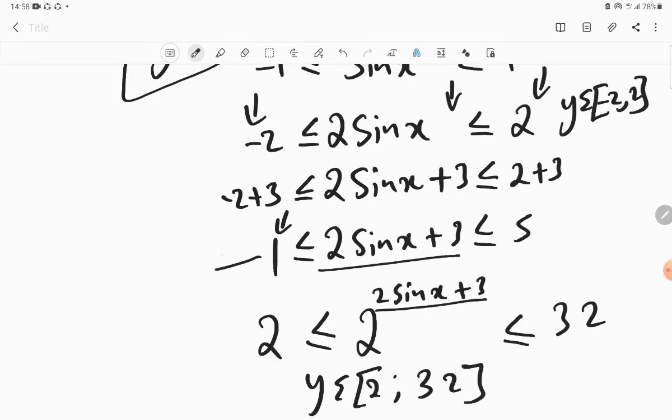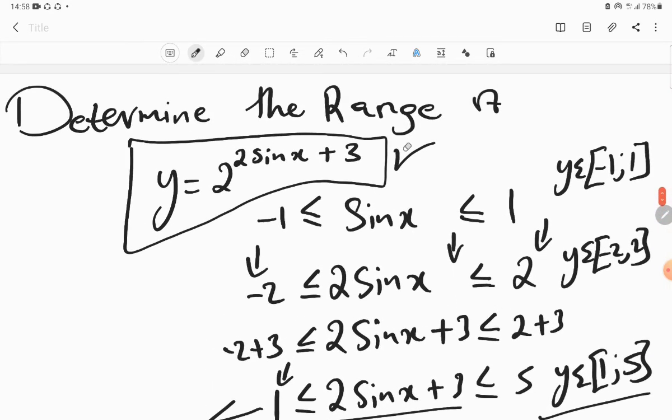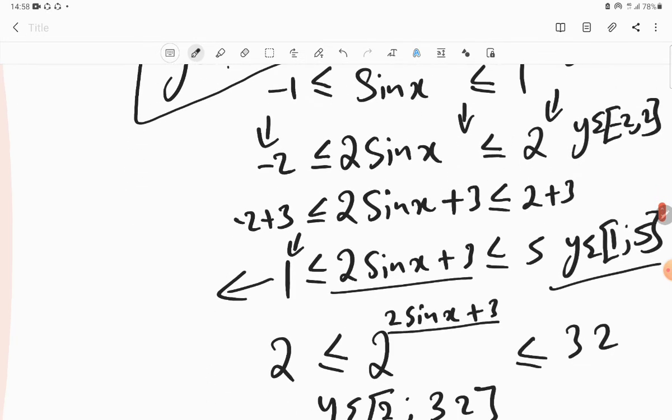Hence the range of this one is y is an element from 1 to 5. So we use this to find the range of this whole function, because the function is 2 to the power of the range of this one.